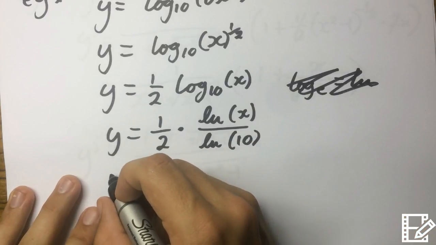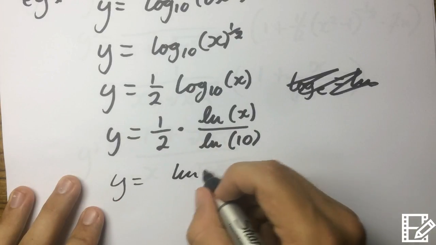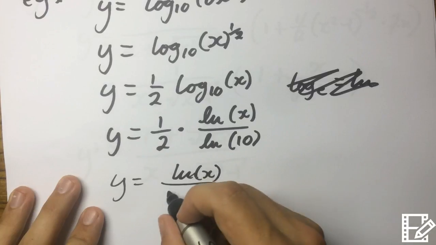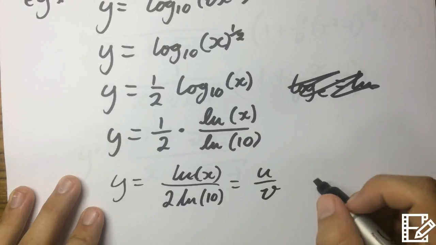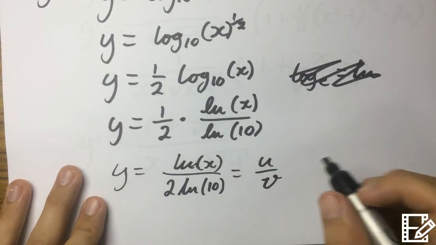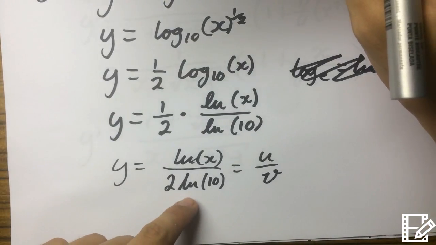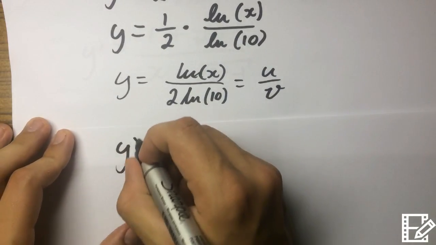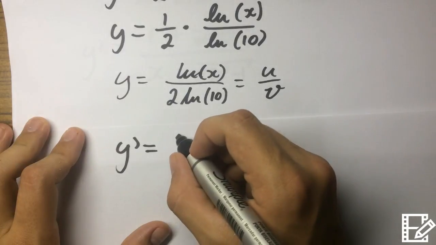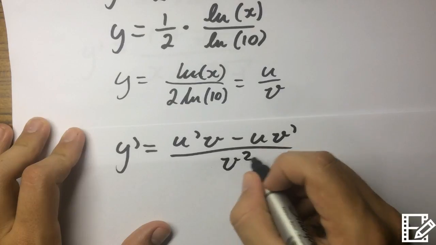Okay, now if I put this together, we have ln of x over 2 ln 10. Quotient rule. Now, the quotient rule isn't going to pull much up, and I can tell you why, because one of them's a number. So if we were to derive this, derivative is u dash v minus u v dash, over v squared.